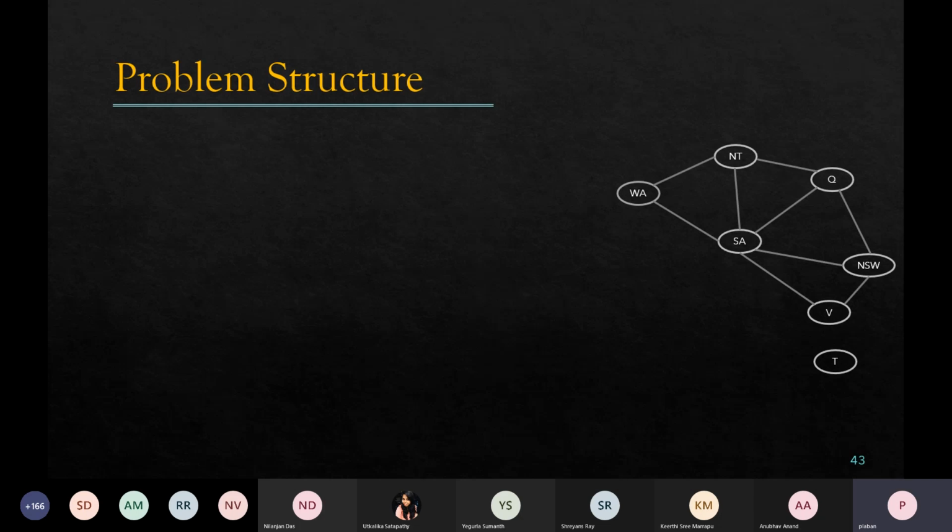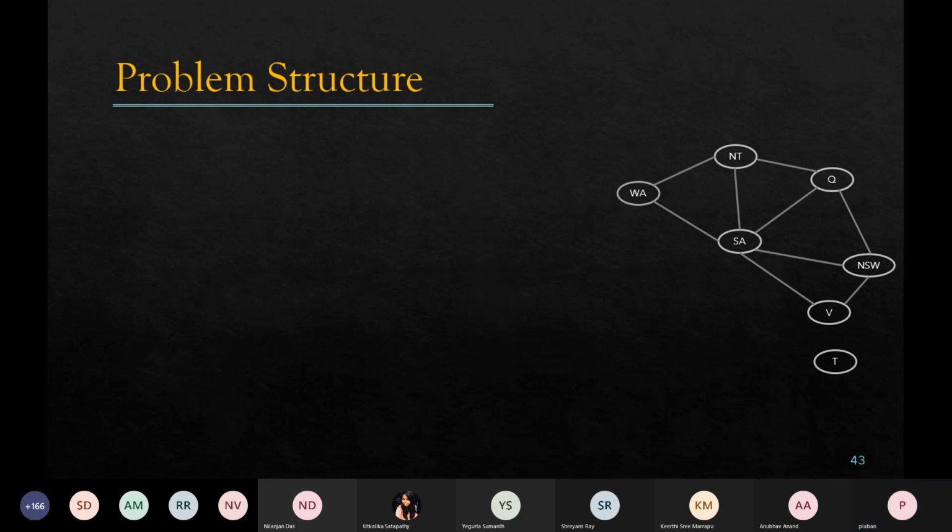You see that Tasmania is isolated from the other part of the network. So I really do not care what assignment I make for the other variables while I am trying to make an assignment for T, right? So what does that imply? This implies that if we can divide our problem structure into subproblems, then we can tackle the subproblems in a more efficient way.